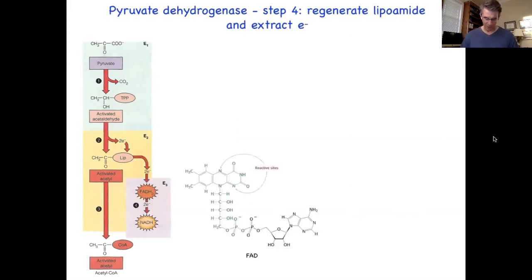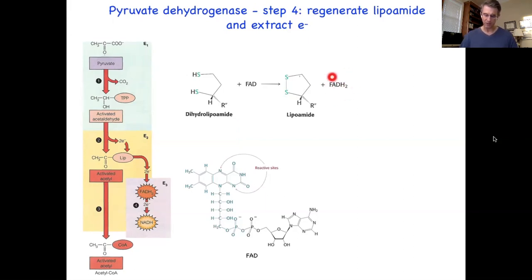All right. So we're now going to take that reduced lipoamide, that dihydrolipoamide, and some FAD. And we're going to run a 2-electron, 2-proton transfer, as we know FAD can do, to form FADH2 and regenerate our lipoamide disulfide bond. Interestingly enough, this enzyme doesn't stop here.